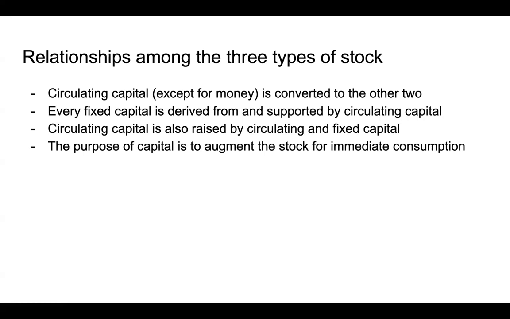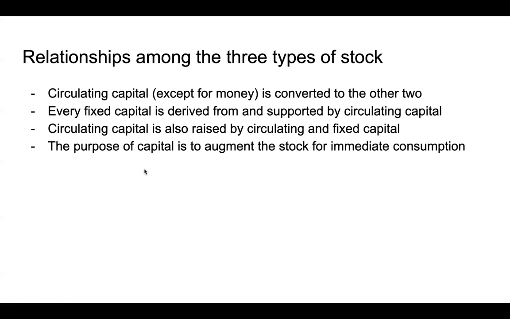They cannot be generated from thin air. And to cultivate or to extract these things, you need fixed capital, right? For example, the cattle for cultivation, the improved land, the machines and tools for mining, as well as circulating capital, right? The wages of the laborers. So in this way, right, circulating capital is also raised by circulating and fixed capital.